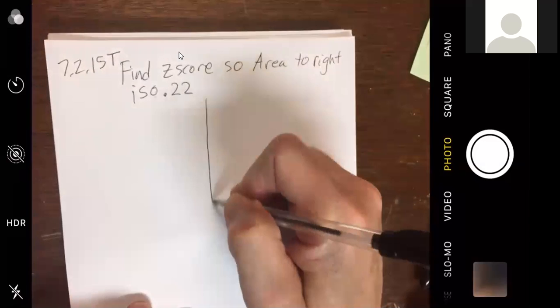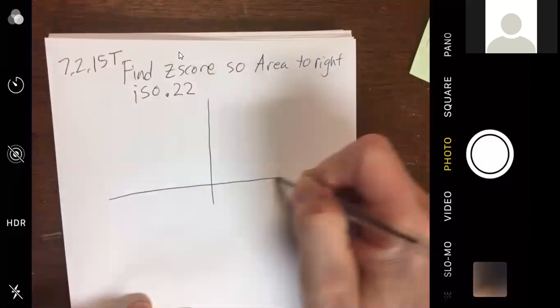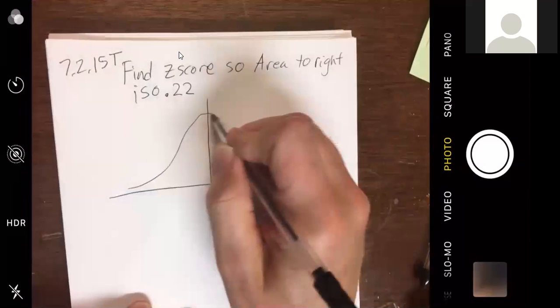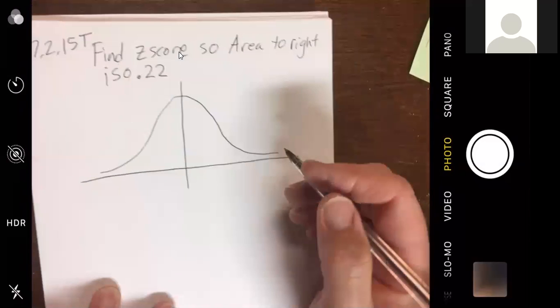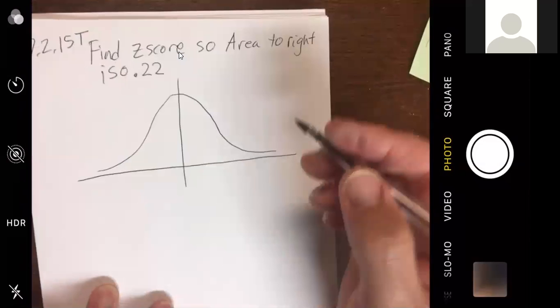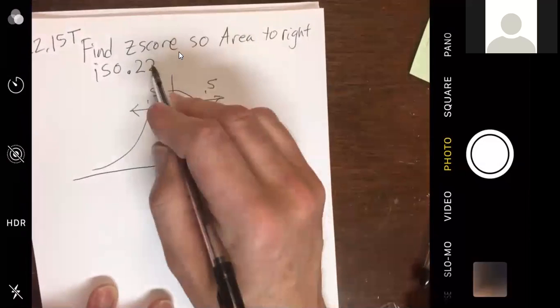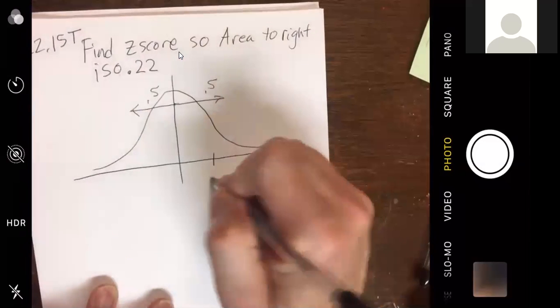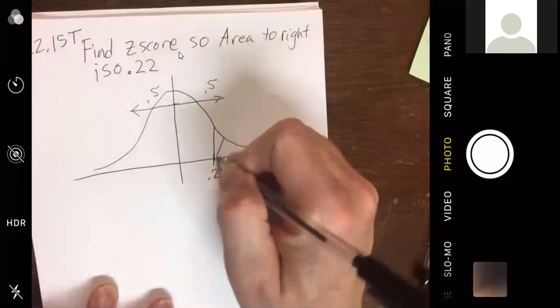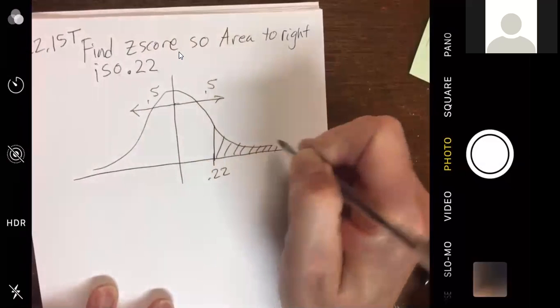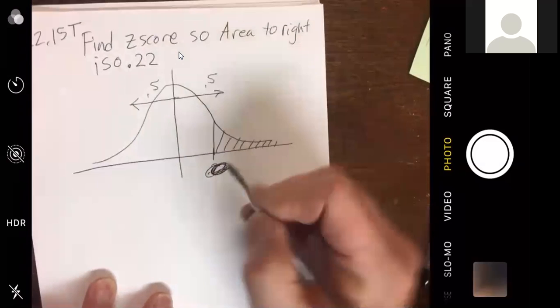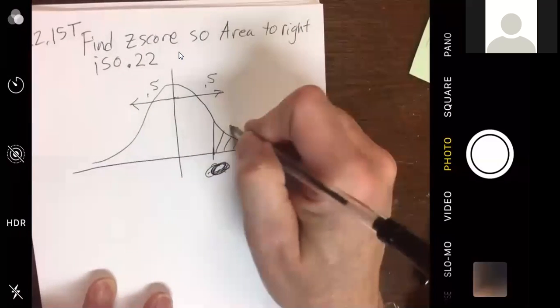Okay, yes, this is really similar to the last one. We'll go over 3 or 4 of these and you should be able to get the idea. Again, there's 0.5 in each direction. So we're less than 0.5, we've got to be over here. Do you see that? Sorry, the 0.22 doesn't go there, my fault. The 0.22 goes up here.